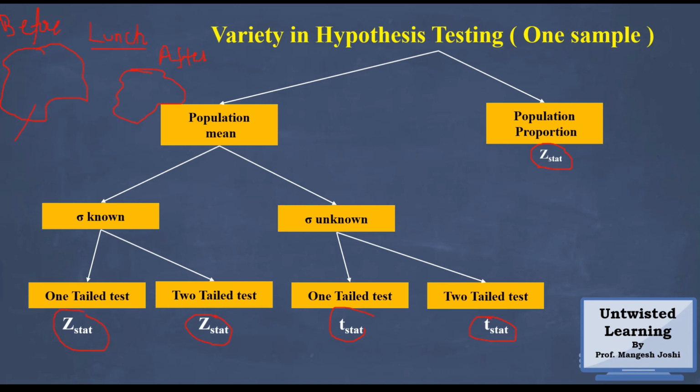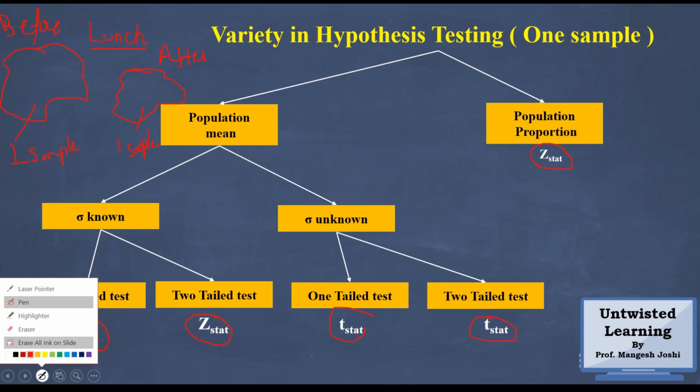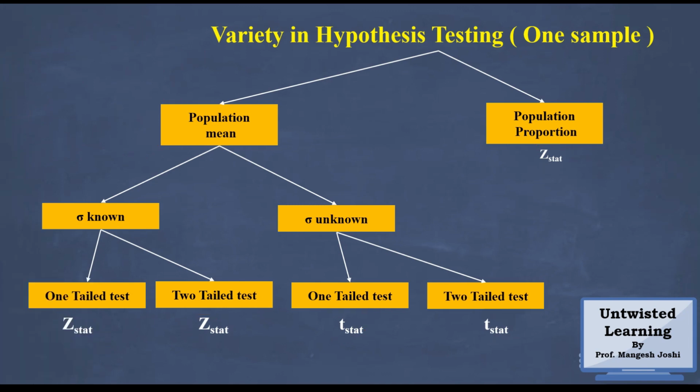So you will draw two samples, one before the lunch and one after the lunch. This example is of two sample hypothesis testing. Now let us see the one sample test.